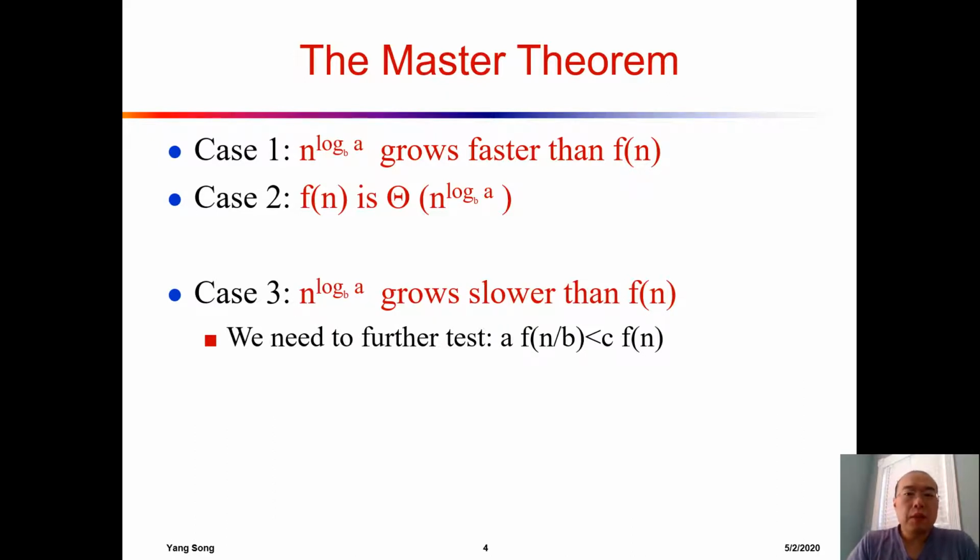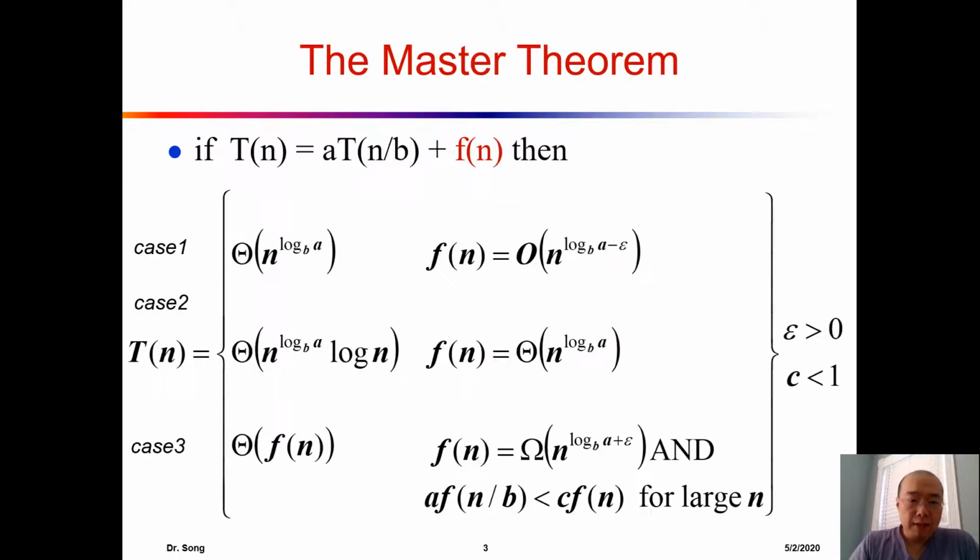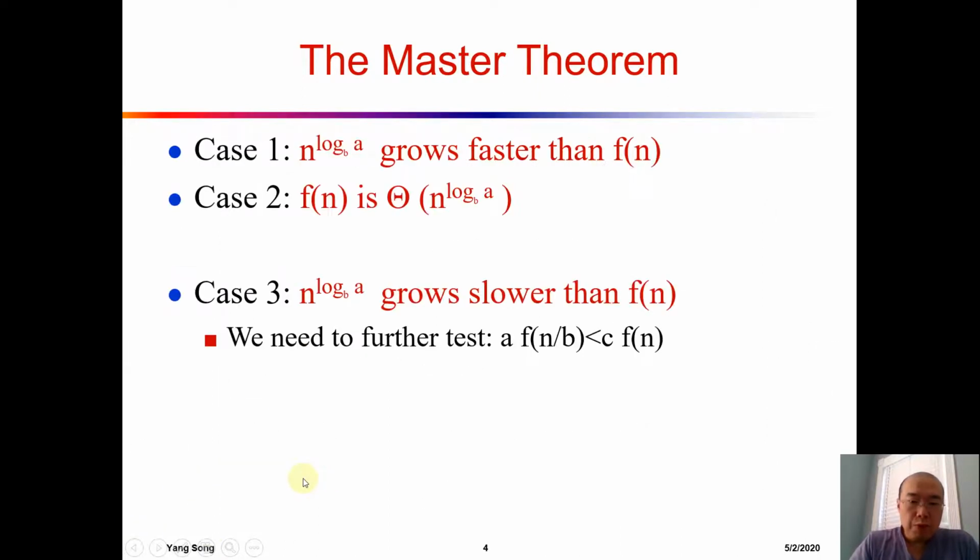Case 3 has a special condition: before we say the answer is theta of f(n), we have to first test that a f(n/b) is smaller than some constant c times f(n).